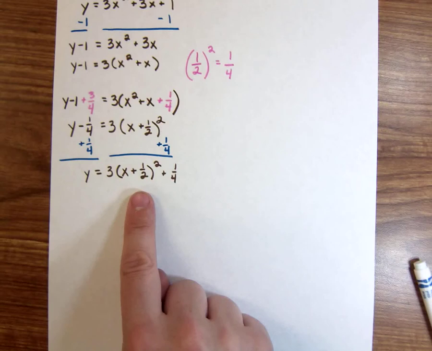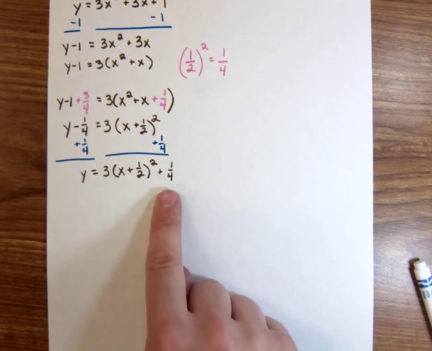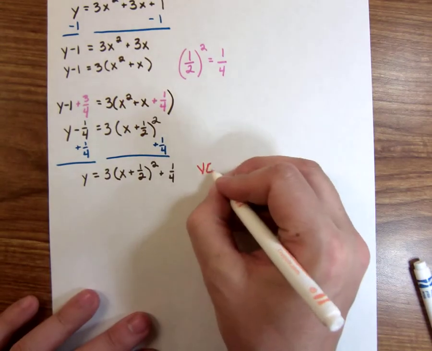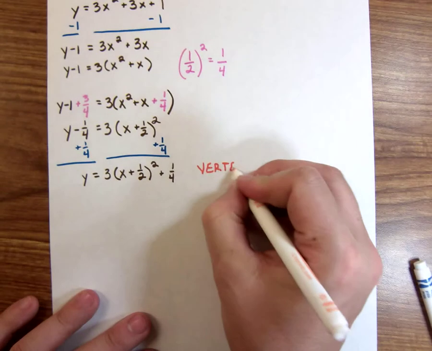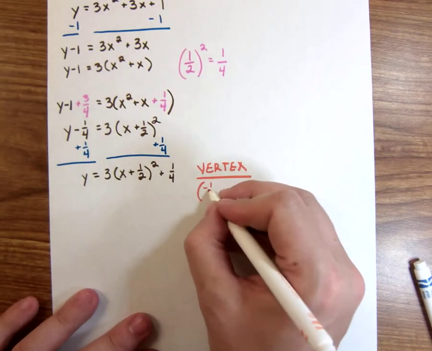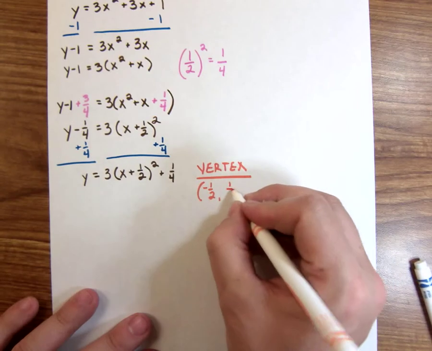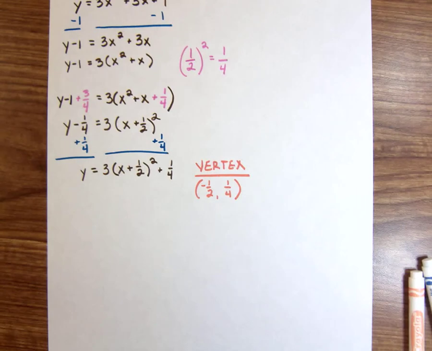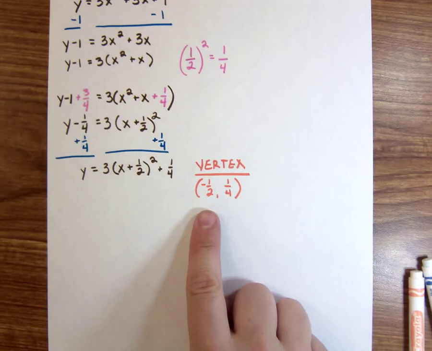To the left 1/2 and up a quarter. So the vertex is going to be negative 1/2, 1/4. That means the middle of this graph, if I folded the parabola in half, it would go through negative 1/2.